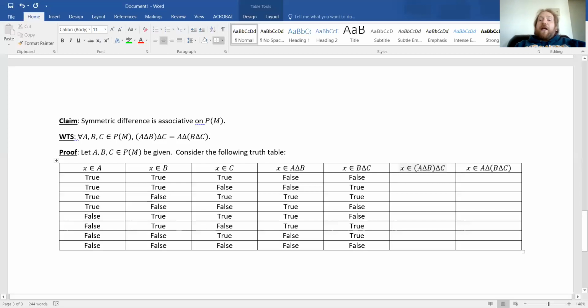So now we look at A symmetric difference B in parentheses, symmetric difference C. We're looking for exactly one of these two columns to have a true in it.